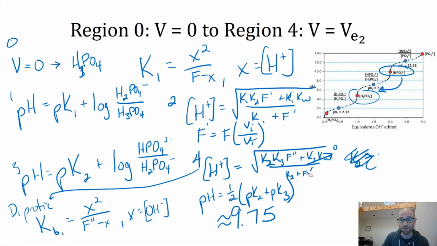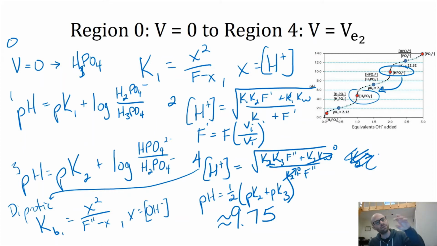This is what happens when you put me on the spot. I was looking at it like, that doesn't make sense. This is the one that goes to 0. That F double prime should be sufficiently larger than K2, which, yeah, it is, because these are usually relatively concentrated.